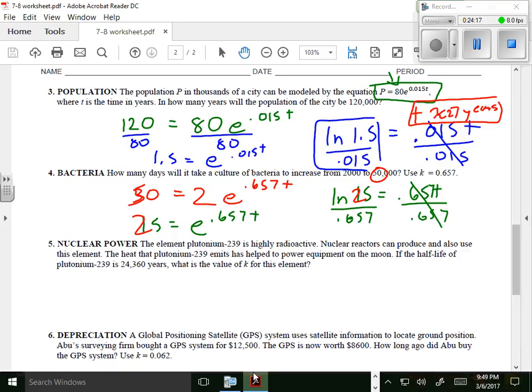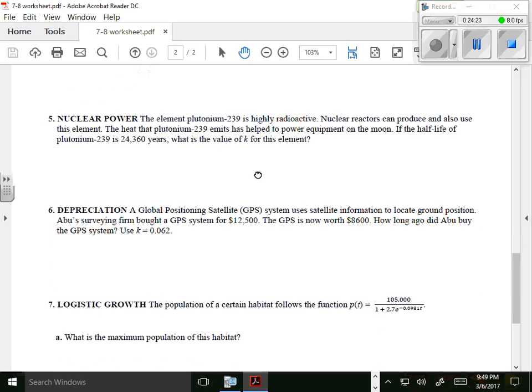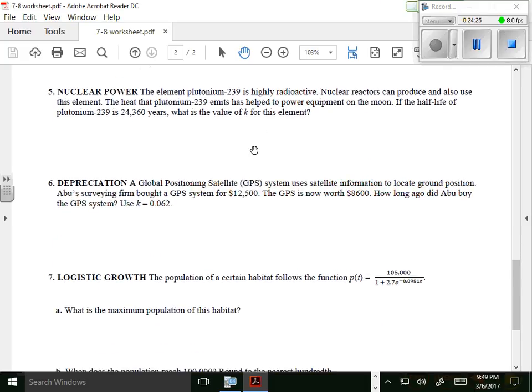Let's go to number 5. Nuclear reactors produce and use the plutonium-239. If the half-life of plutonium-239 is 24,360 years, what's the value of K?